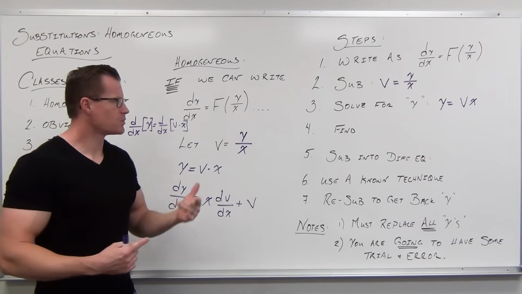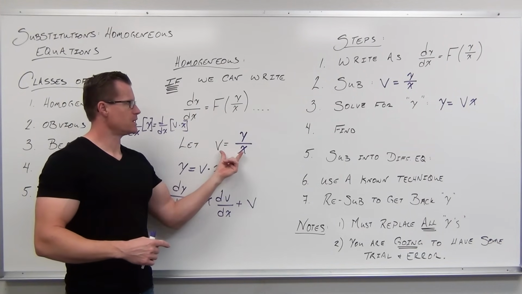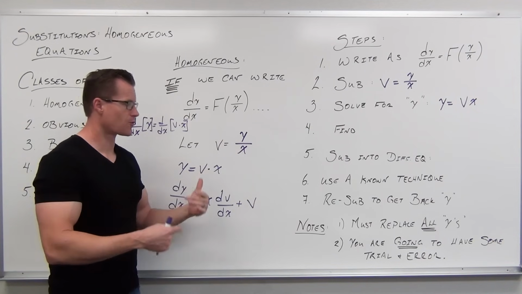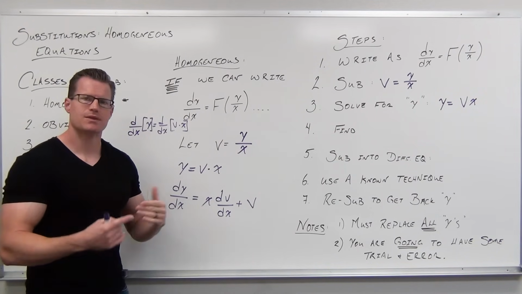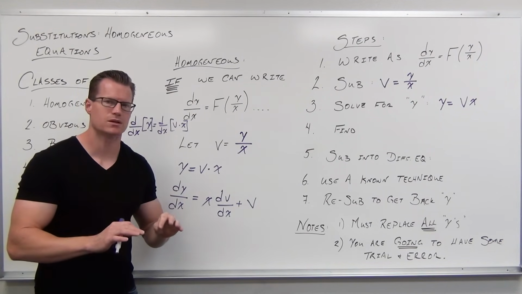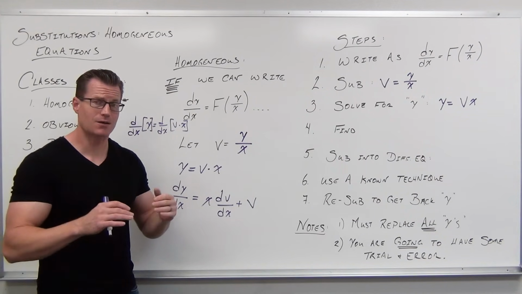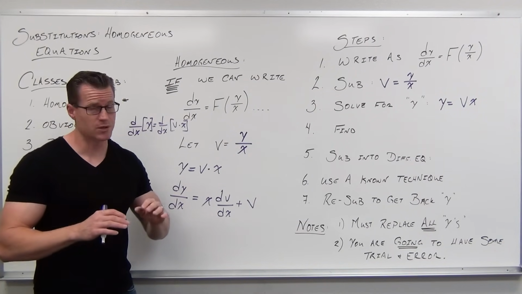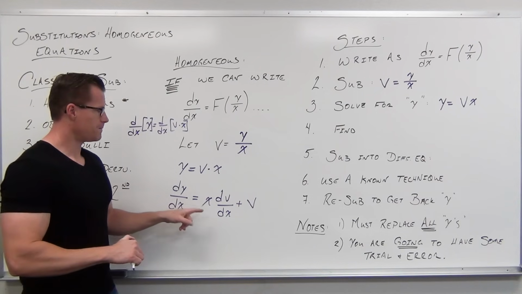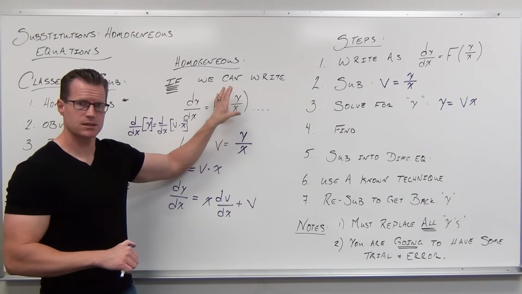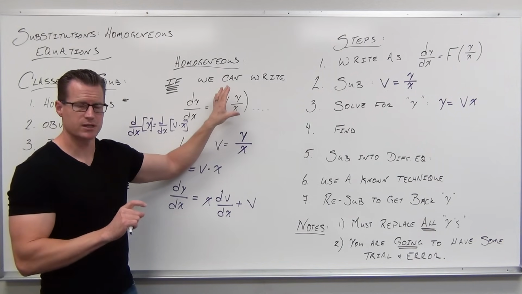If we just replace the y's over x's with v, we'd have a problem with that y. So if we solve for y and take a derivative, now we get this idea of a kind of double substitution. So think about what's going to happen. I know right now it's not vague, but it's not concrete because we don't have an example to work with. I'm going to show you that in just a minute. But if you had this all wrapped up in y's over x's, every instance of y is written as y over x.